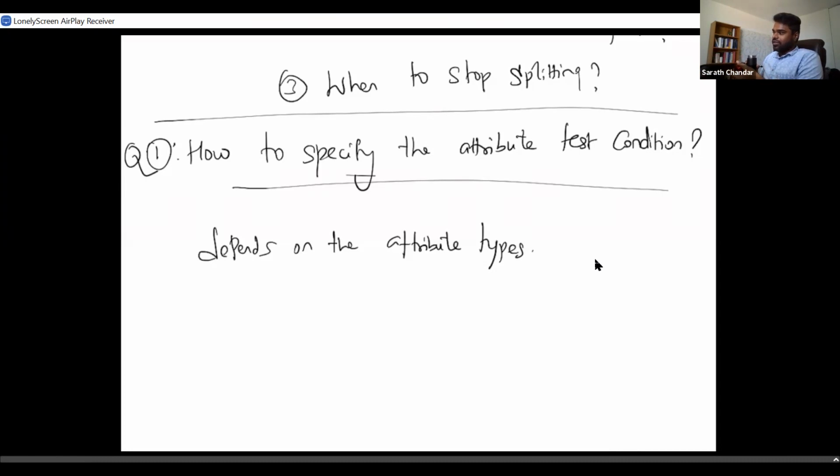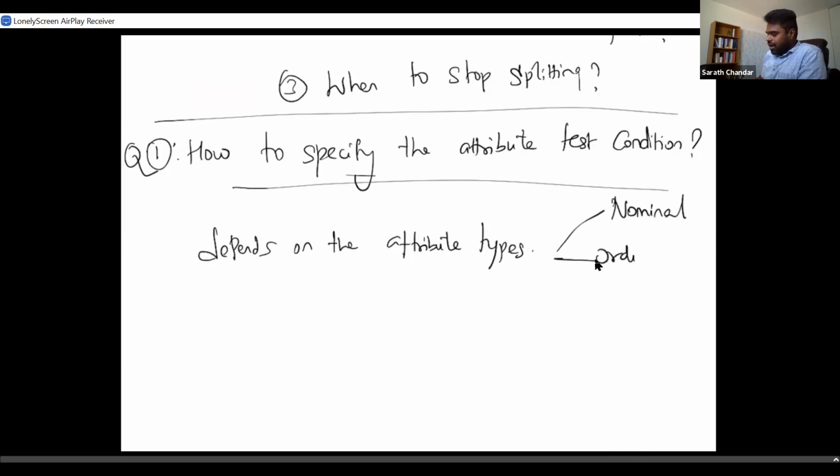Can someone give me an example for categorical attributes? Male or female, yes, binary categories. Cat or dog. Fruits is a feature which has apple, orange, bananas. So we could have categorical or nominal attributes.